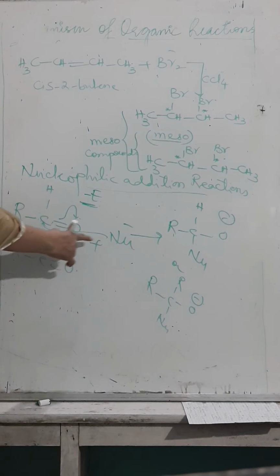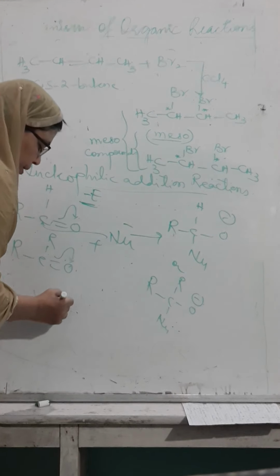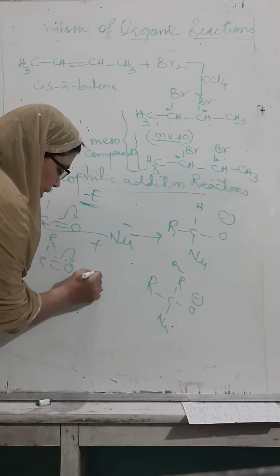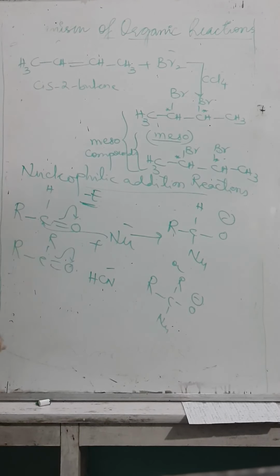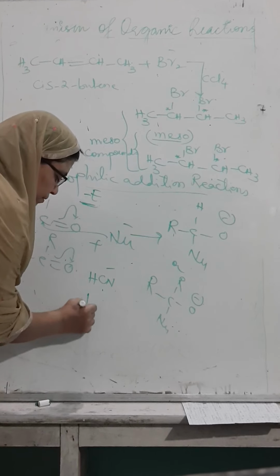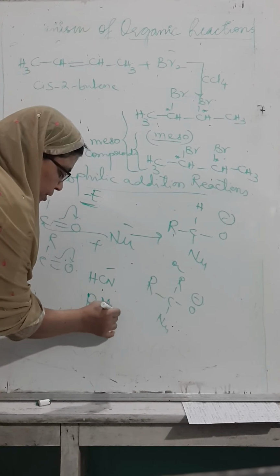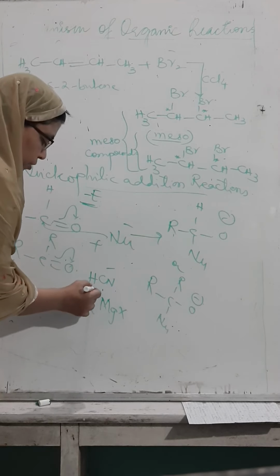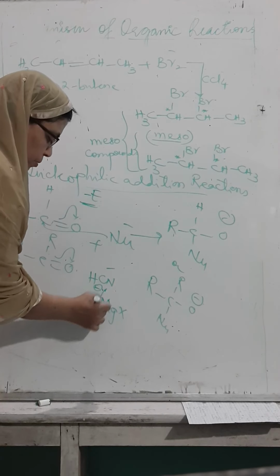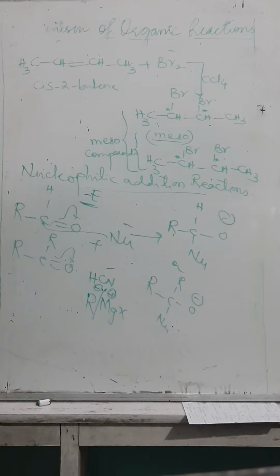Addition of a nucleophile may take place by adding hydrogen cyanide. Cyanide is the nucleophile. This can take place with RMgX. What is RMgX? A Grignard reagent. When the nucleophile is R minus, MgX gets a positive charge.